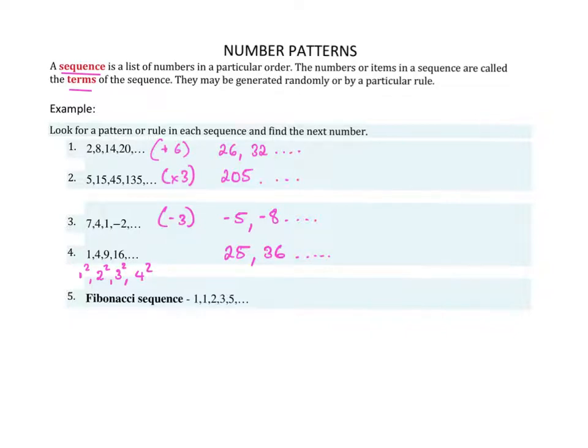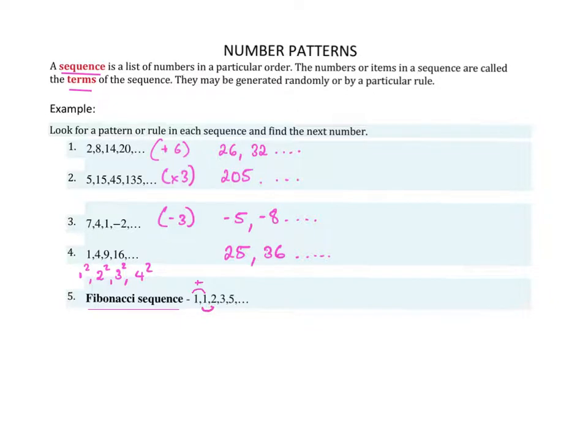Now, some patterns have got special names, and this one in particular does have a special name. It's called a Fibonacci sequence. So, what is a Fibonacci sequence? Can you see what's happening with this particular pattern? We have 1, 1, 2, 3, 5. Take a good look. If I add these two together, I get 2.